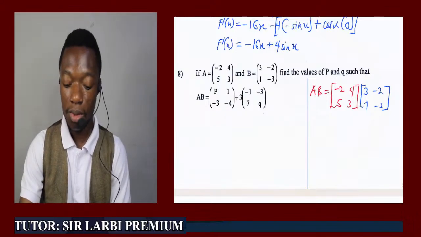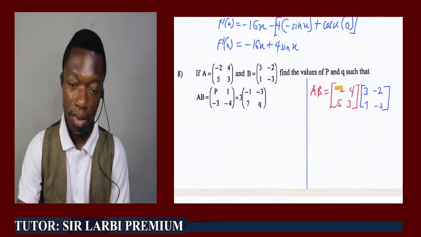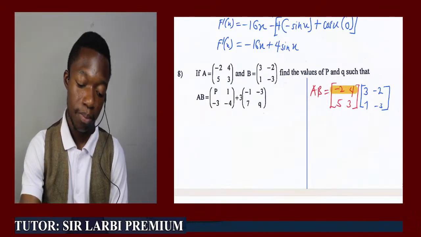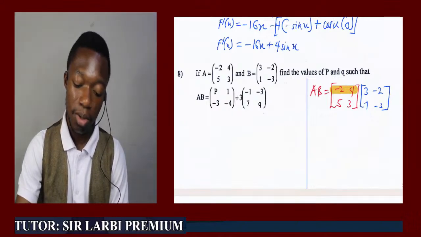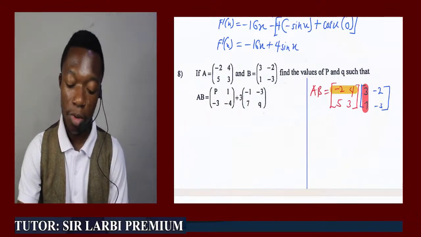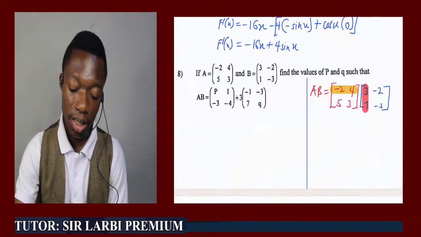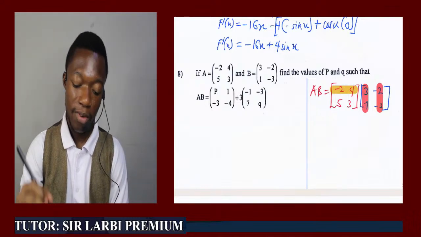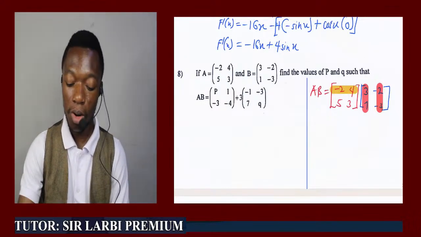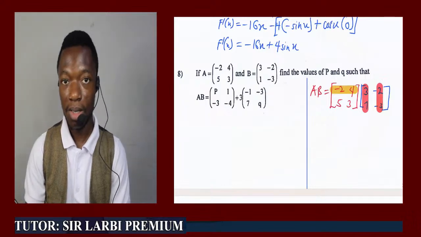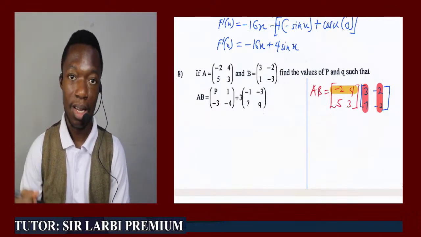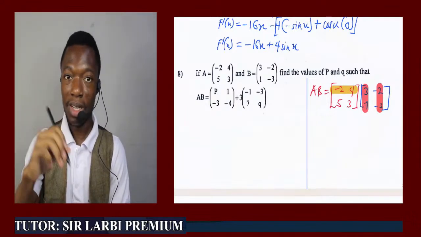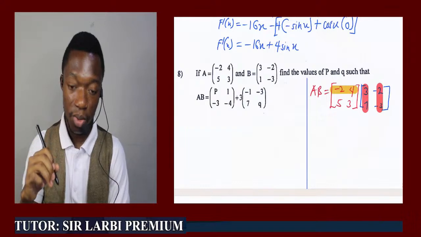We said that to multiply, the first row of the first matrix will have to multiply the first column of the second matrix, and at the same time multiply the second column of the second matrix. That will give us the first row of the result.